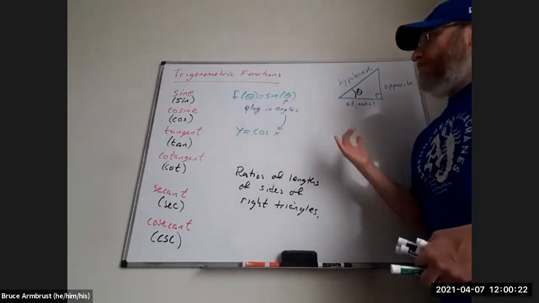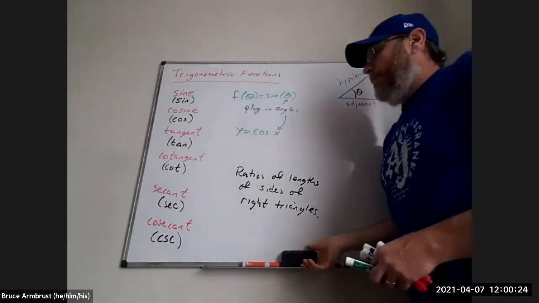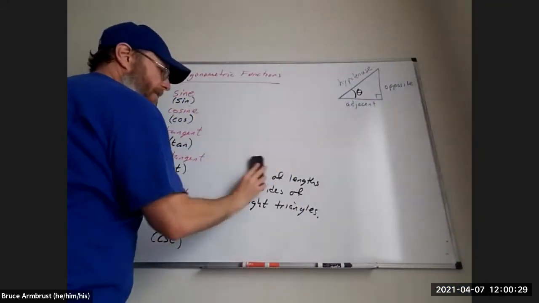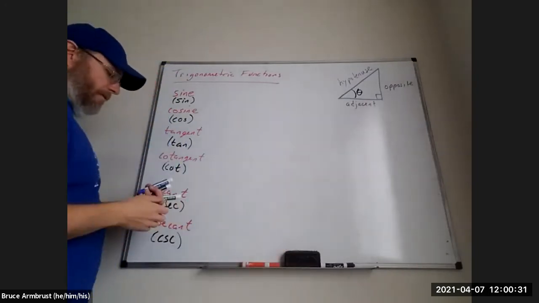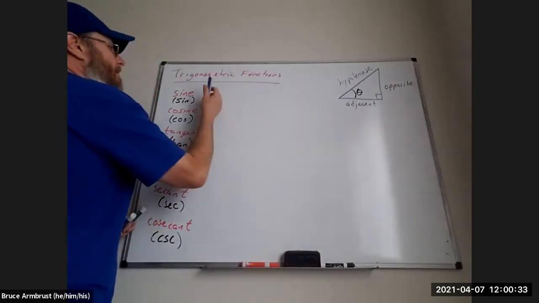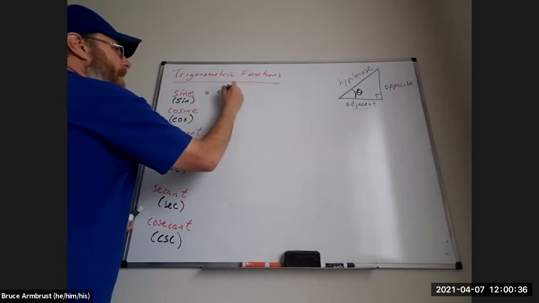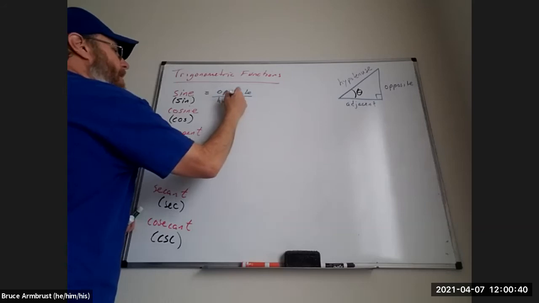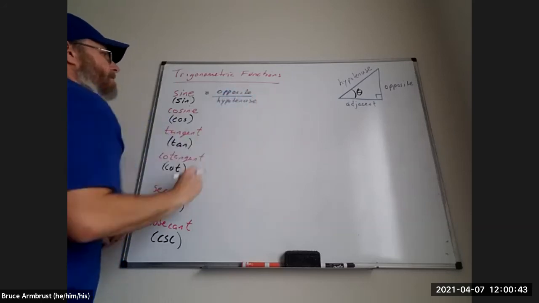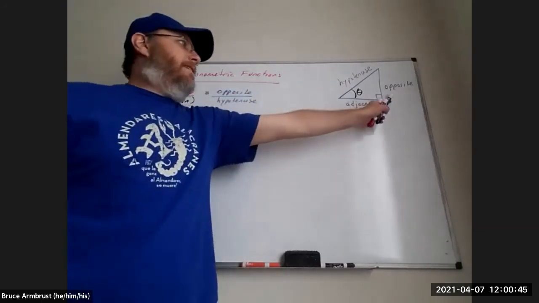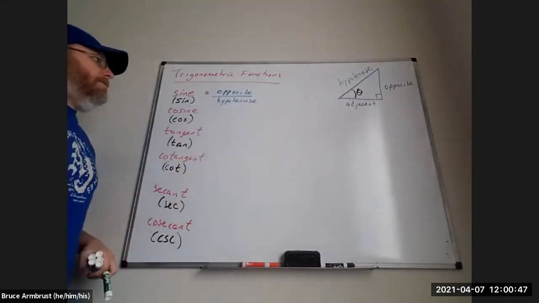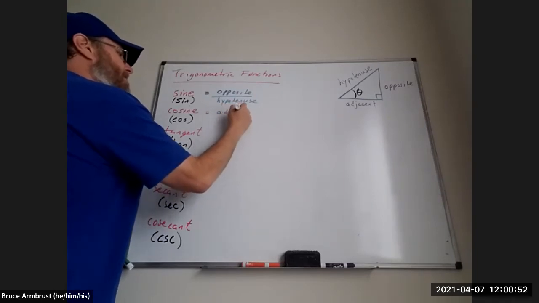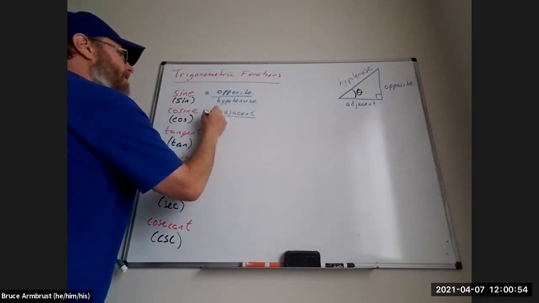All right, well, if we have these, here are the definitions of sine, cosine, tangent, and all of the other trig functions. Sine is the opposite divided by the hypotenuse. So if you take that opposite side's length and you divide it by the hypotenuse, that gives you your sine. Cosine is the adjacent divided by the hypotenuse.